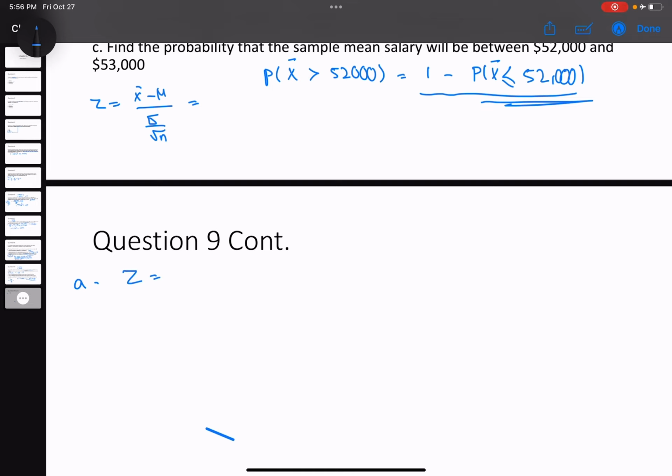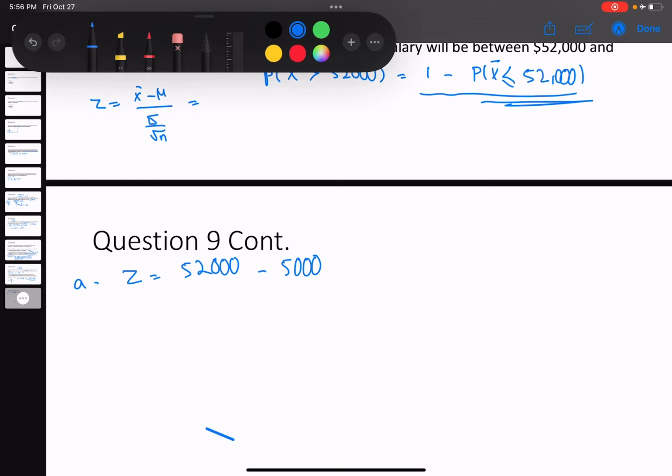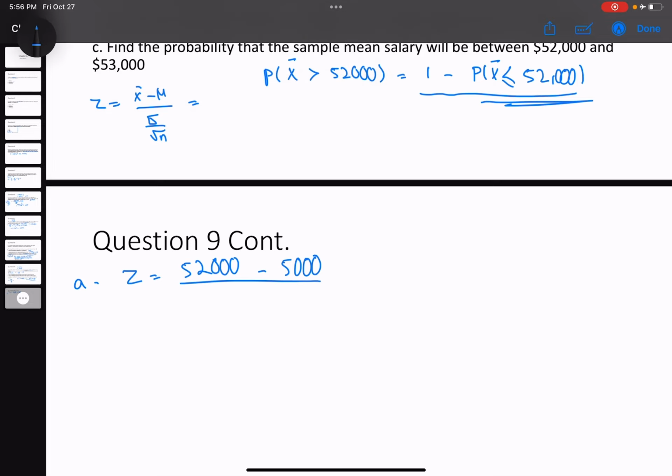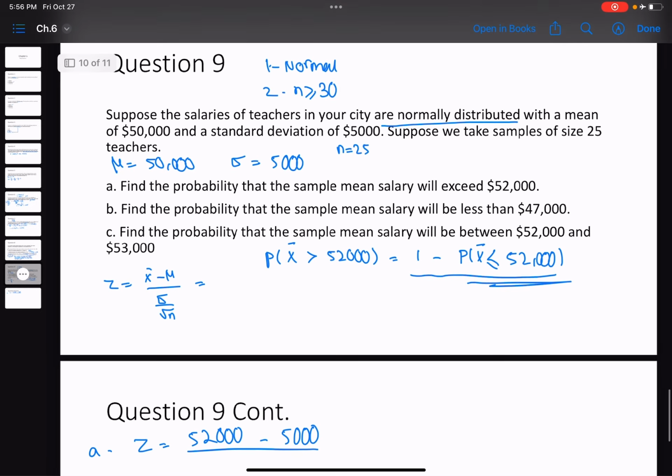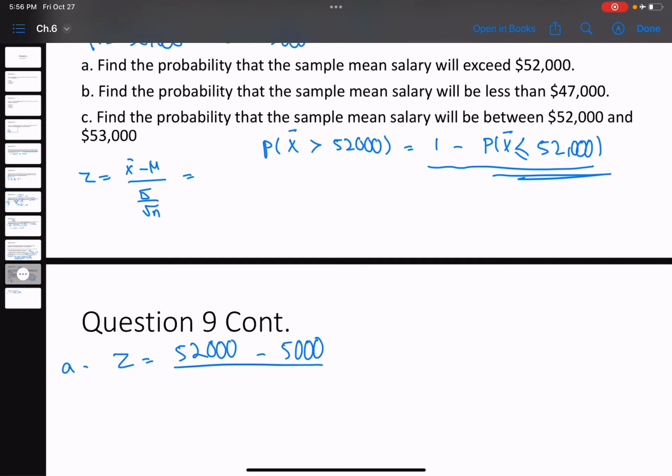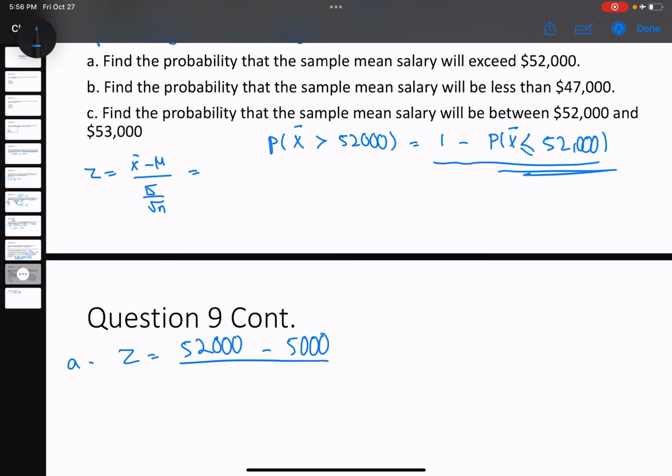Z will be 52,000 minus 50,000 divided by 5,000 divided by the square root of 25, which is 2.